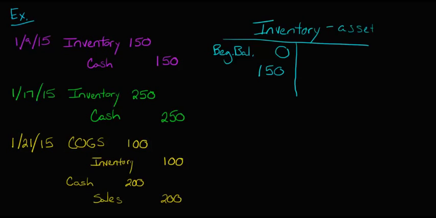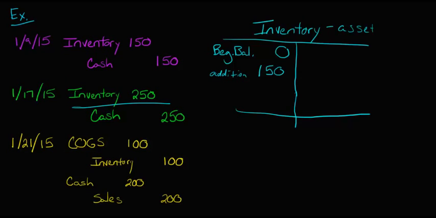Now what does this mean? This means that we had an addition or increase, however you want to call it, of $150 of inventory at this point in time. Let me move this down a little bit more. We also have some action with the inventory on January 17th. We add some more inventory.